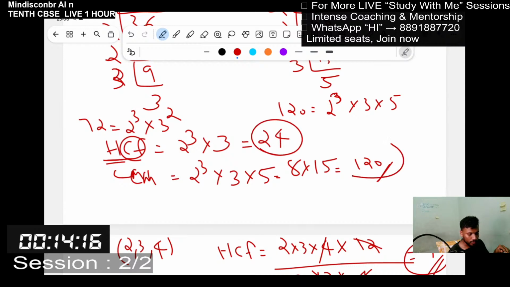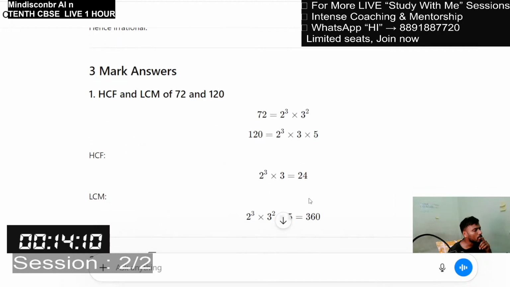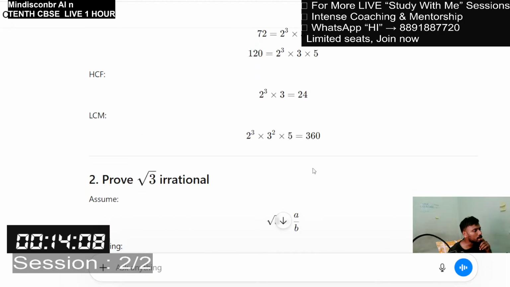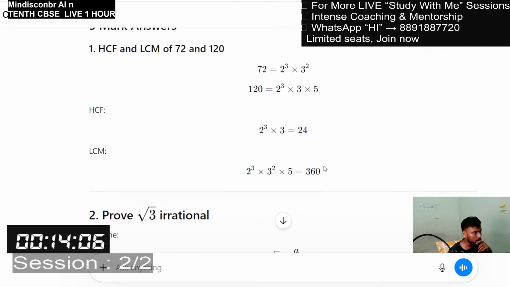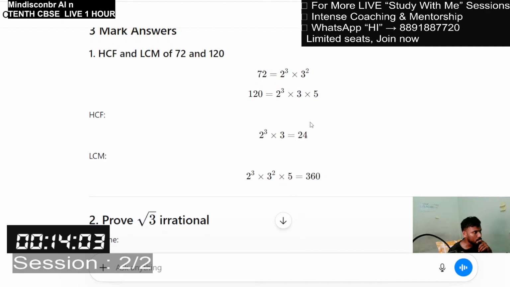Therefore 24 and 120. 24 and LCM is 360. No, it's wrong, because in 3 square and 3 we have to take the lowest. No, it's wrong. You have to take the highest value.